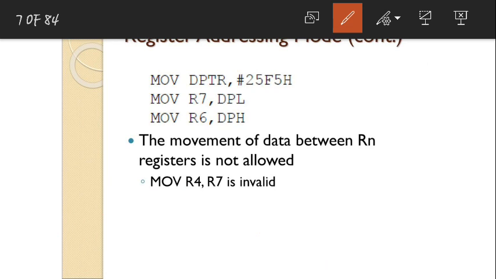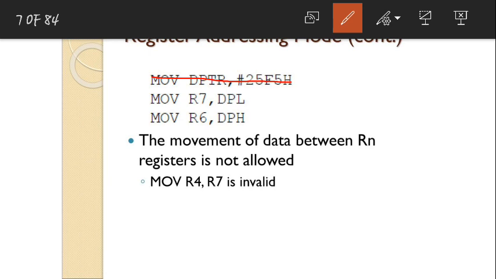One more thing: now instead of this, I will strike off this line. I am trying to move from 8-bit registers to DPTR.